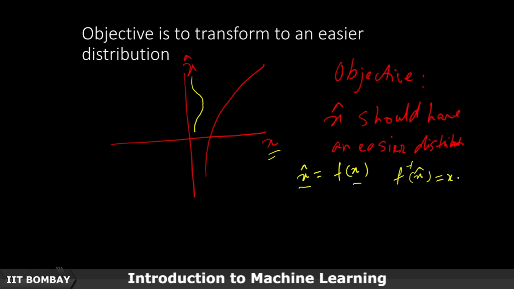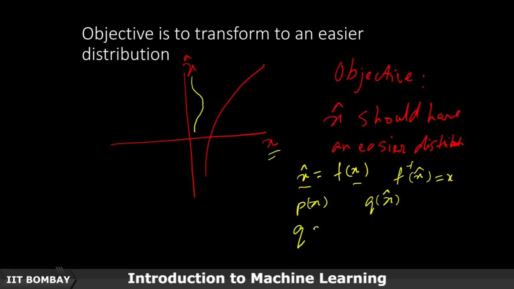Now let us say the distribution of x is p of x, and the distribution of x hat is q of x hat. What is the relationship between the two?